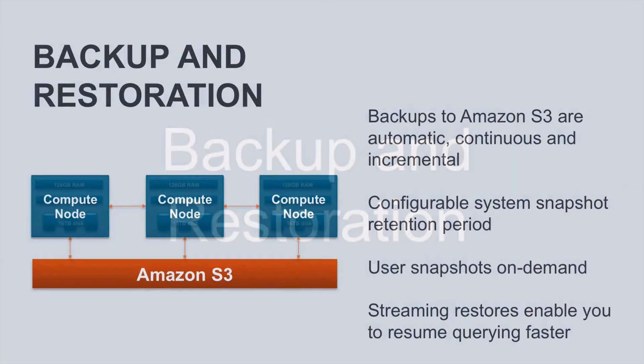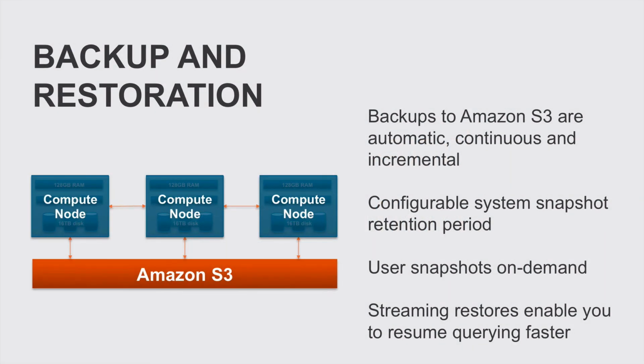Backup and restoration of Amazon Redshift. Backup and restoration is handled using Amazon S3, the AWS durable object storage service. And you can have a configurable retention period on your snapshots. You could also take snapshots on demand if you wish to do that.